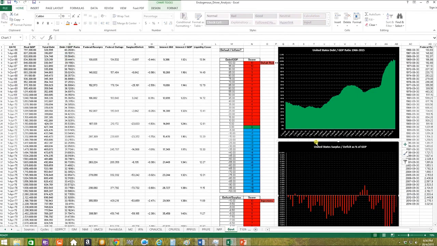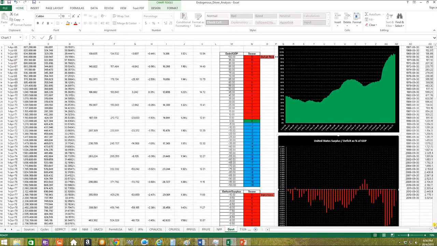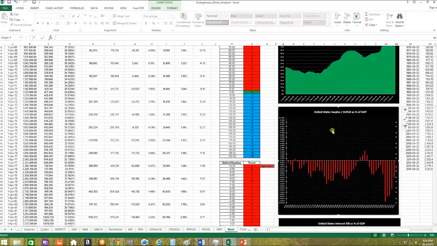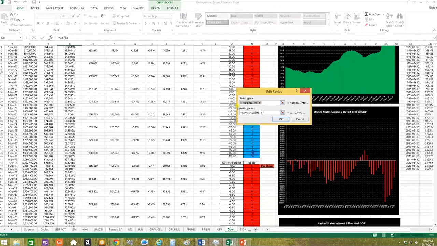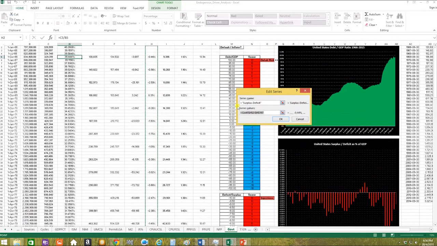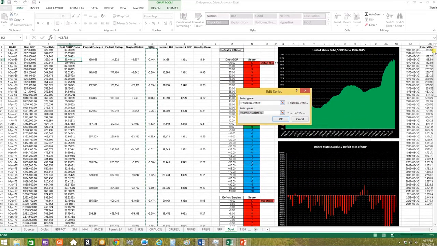If we look at the United States surplus or deficit chart over here, one very easy shortcut is to just go in, select data, and we can see what cells it's referencing. And the column that we're referencing here, with all the percentage data in the cells from 1966 to present day, is column H. And column H is surplus or deficit as a percentage value.